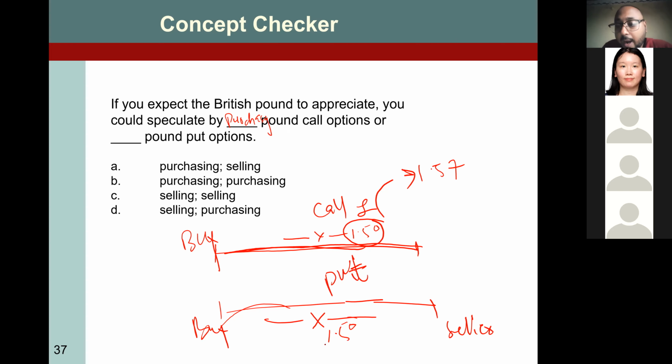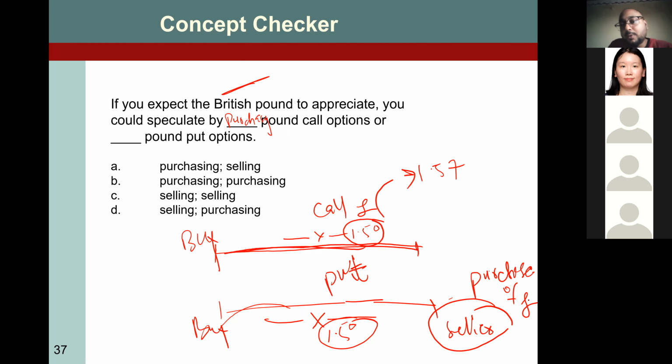So you will be seller of put option. Seller of put option will be purchaser of pound. So here you are also purchaser of pound, and here you are purchaser of pound as well. So your strategy is to buy pound.